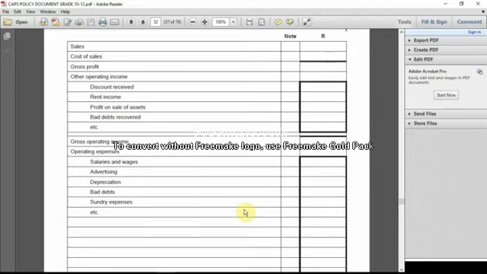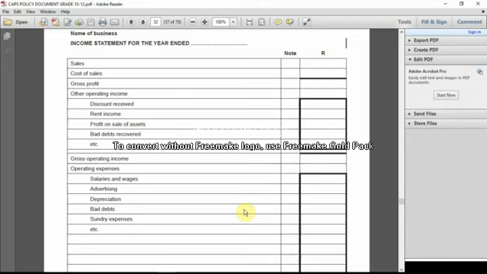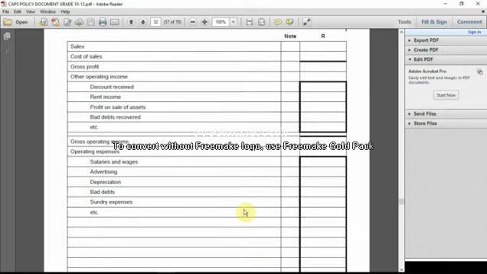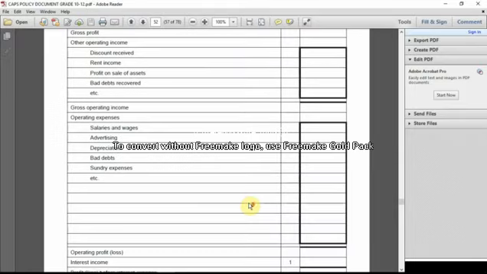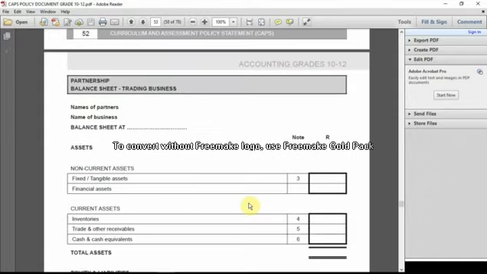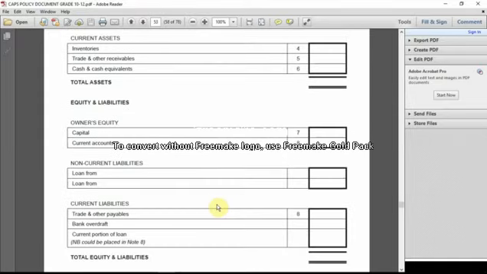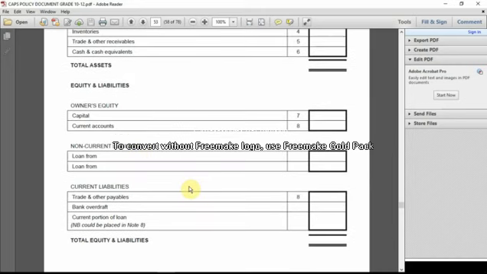When it comes to external users, banks or other financial institutions will definitely be interested to see the financial position as reflected in the balance sheet. If the partnership is interested in obtaining loans, the bank wants to see to what extent the business has equity versus debts.